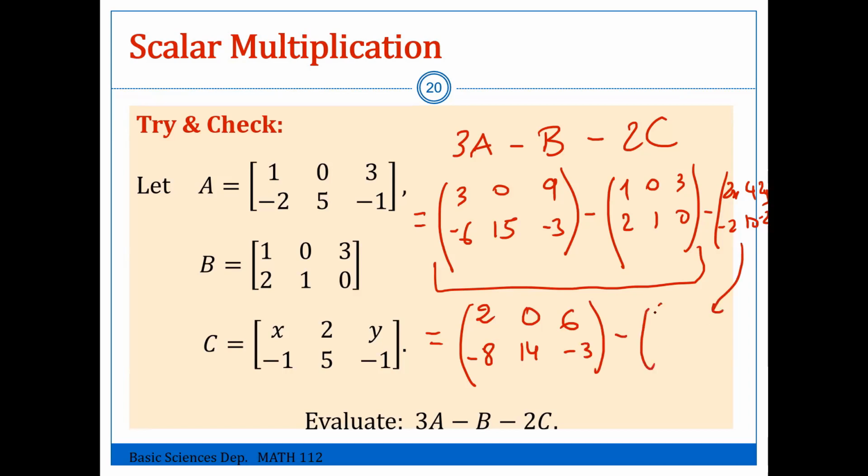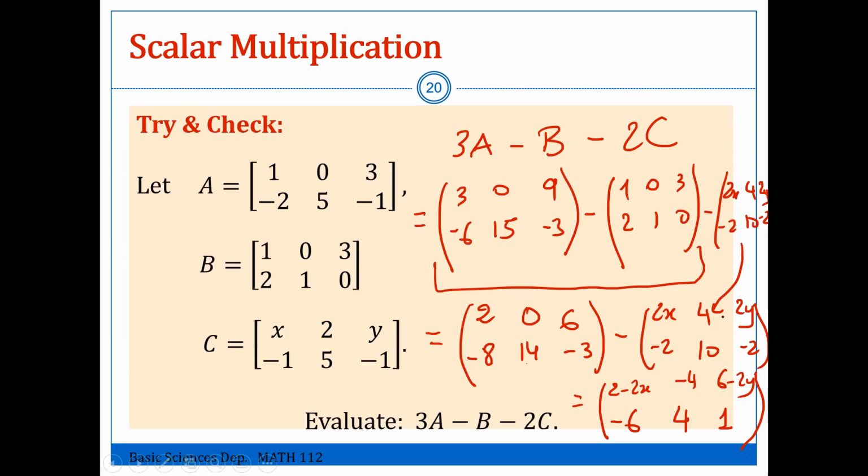We bring this down to continue: 2x, 4, 10, 2y, minus 2. And we subtract: 2 minus 2x, 0 minus 4, 6 minus 2y, minus 8 plus 2, so minus 6, 14 minus 10, so 4, minus 3 plus 2.